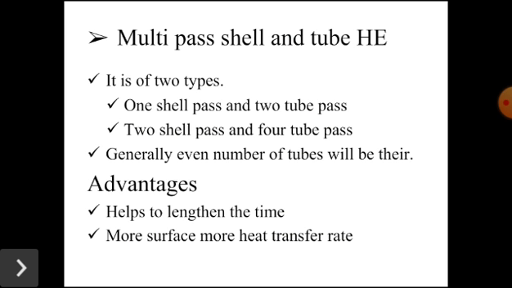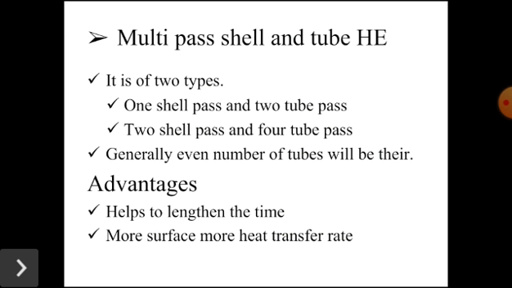Then the multipass shell and tube heat exchanger. It is the same as a shell and tube, but here the tube will be passed multiple times, that is, there will be more passes of the fluid flowing in the tube inside a shell.